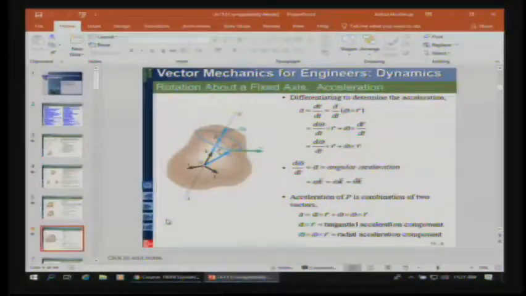All right. Well, if you recall when we talked about normal and tangential coordinates, when we talked about relative coordinates with kinematics of particles, we divided up the acceleration into two components, a normal and a tangential, where the tangential represented all of the change of speed and the normal represented all of the change of direction. So we sort of do the same thing here, where we break up acceleration into a tangential coordinate and a radial coordinate.